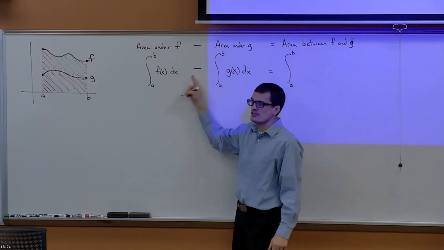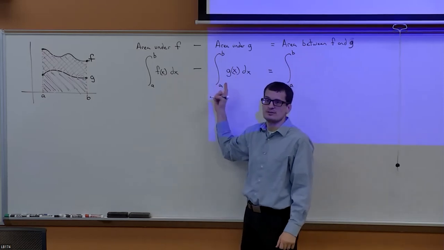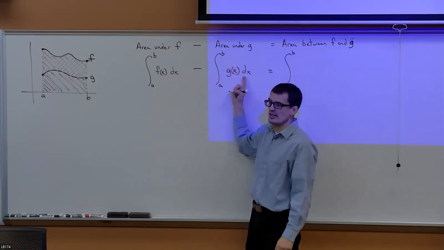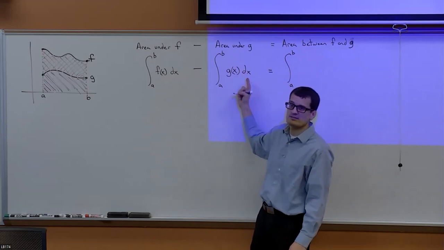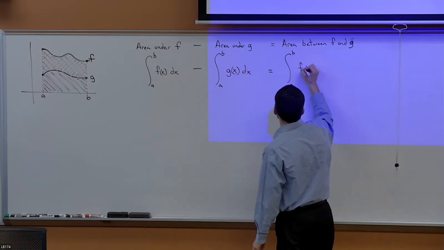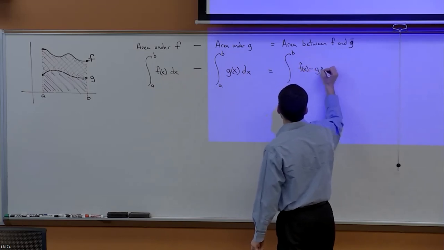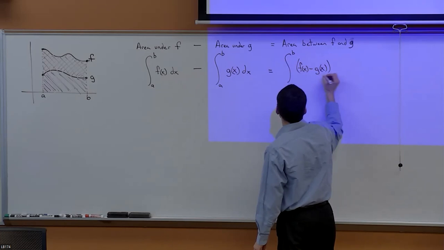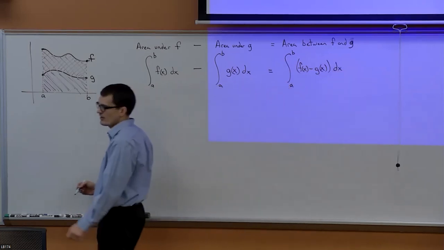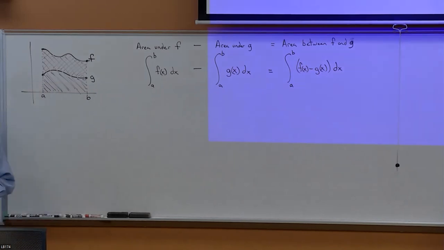And you can turn this into one integration, because they have the same bounds and we're integrating both with respect to X. So I can just take F of X minus G of X with respect to X to find the area between F and G.